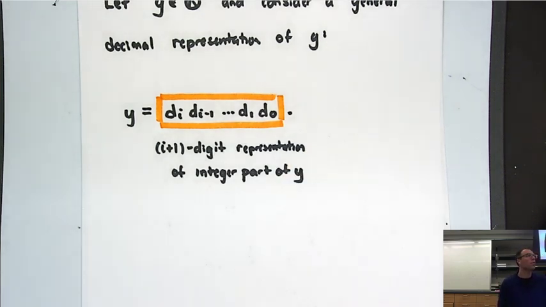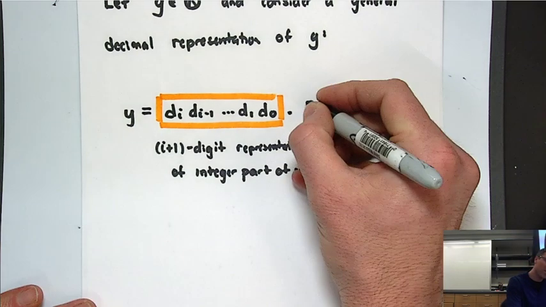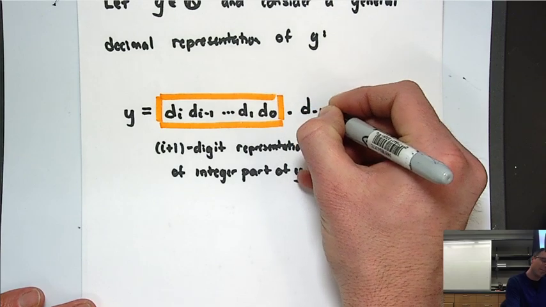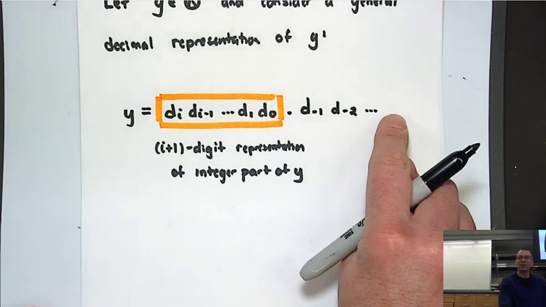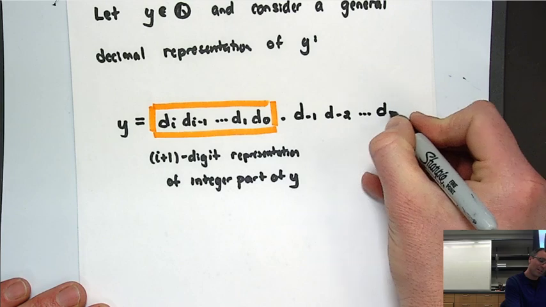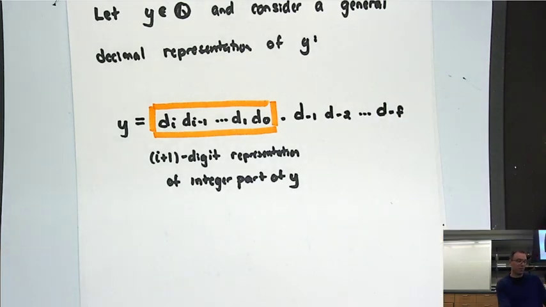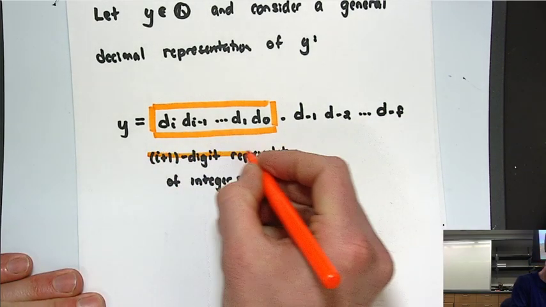Could you guess what we might call the last digit in the fractional part? The integer part we used I. D sub f. So what's the first digit? D sub negative 1. This is why I would have chosen to do another example. What's the last one? D sub negative f. We'll let orange be the integer part, and I should make it clear that this is what I'm talking about.